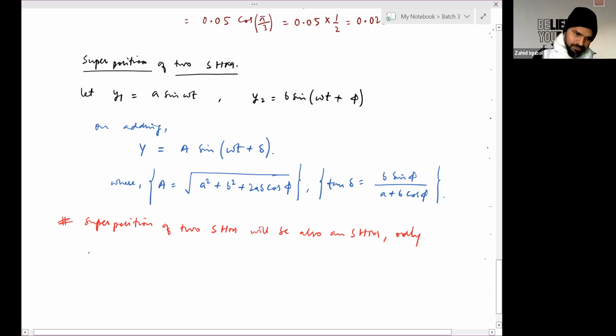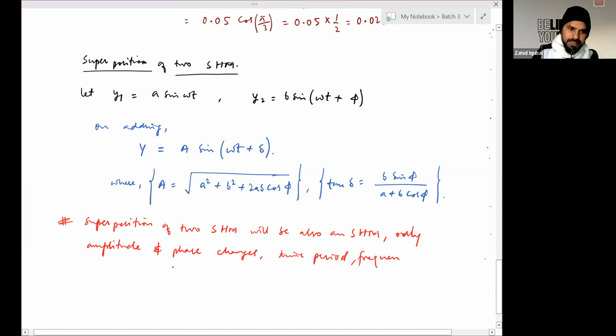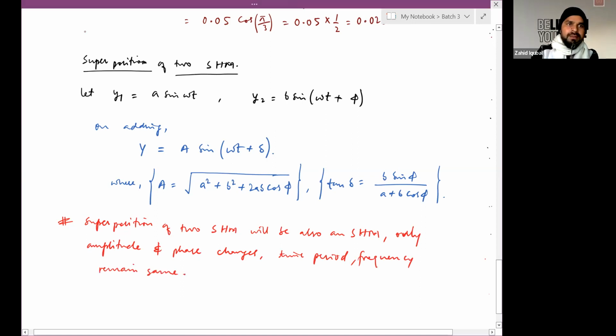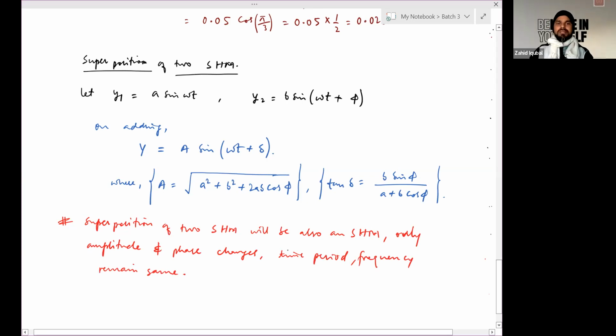Only amplitude and phase change; time period and frequency remain the same. Just write it down, then I'm giving you some problem related to this part.